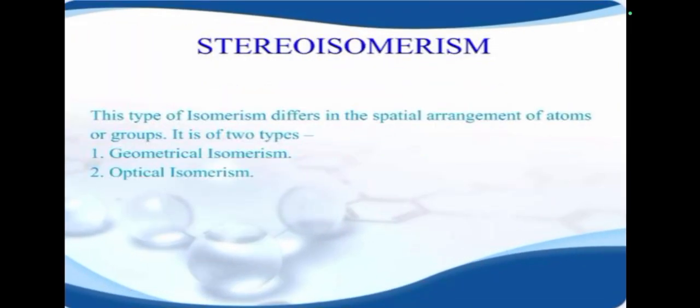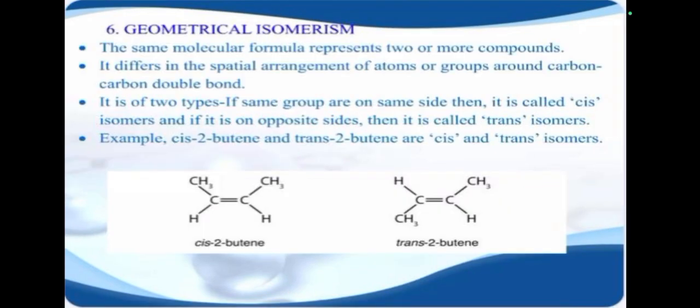Next we see stereoisomerism. It is classified into two: geometric isomerism and optical isomerism. This isomerism differs in the spatial arrangement of atoms or groups. First we see geometric isomerism.